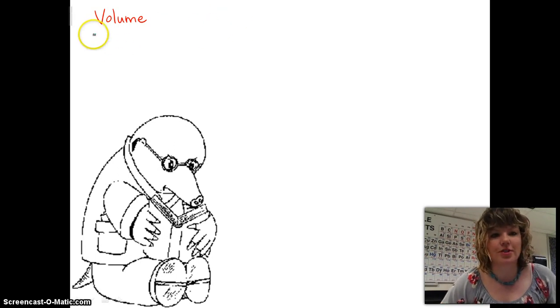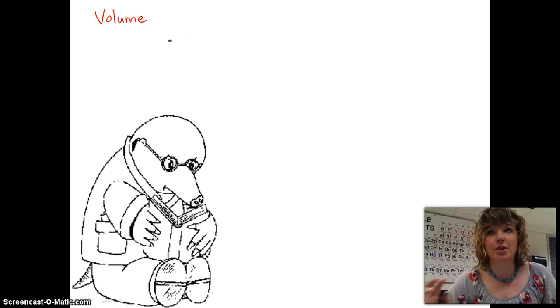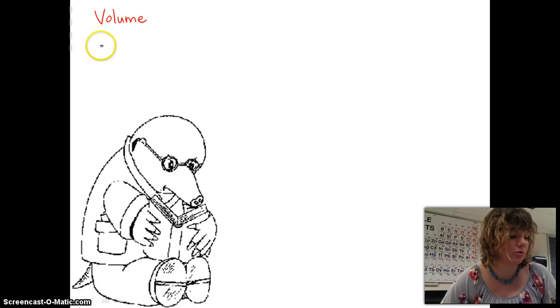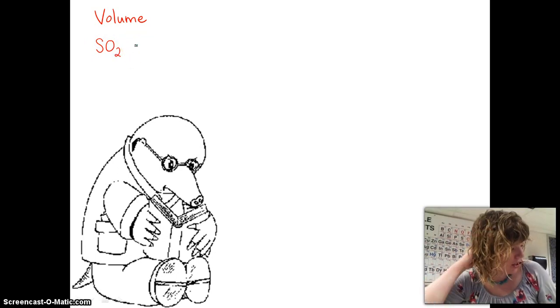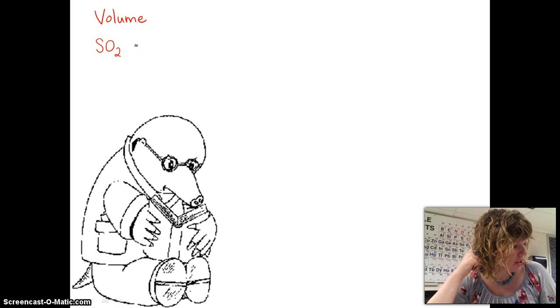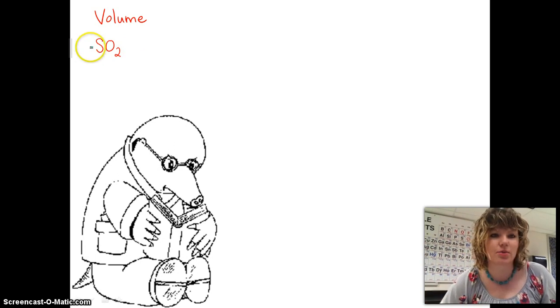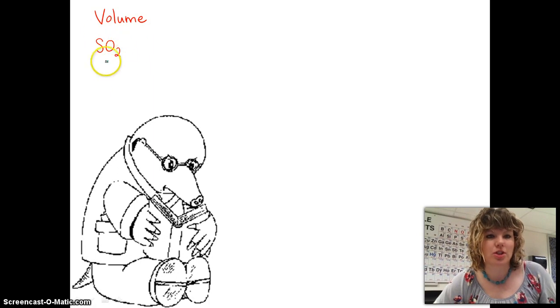Sulfur and oxygen are both from the P block, and so we know it's a covalent compound. So sulfur would be an S, dioxide would mean 2 oxygens. Okay, and it says it's the gas that's produced by burning coal, and it's an air pollutant. It's one of the causes for acid rain. So I think we used this example earlier when we were drawing structures, talking about acid rain.